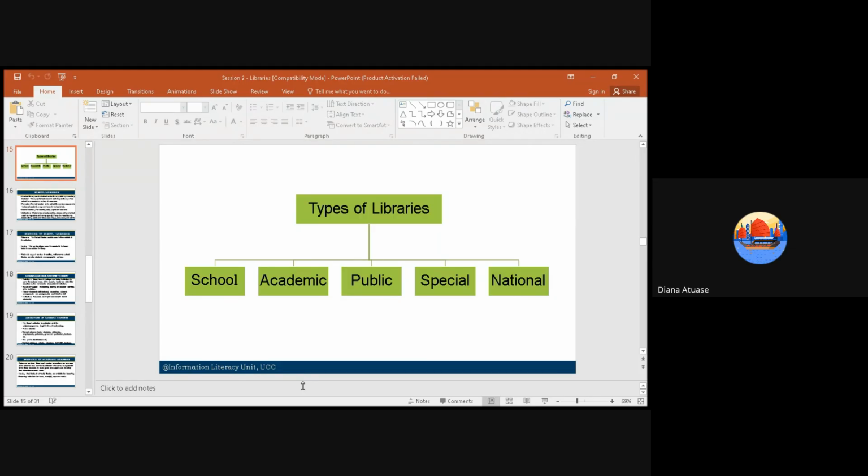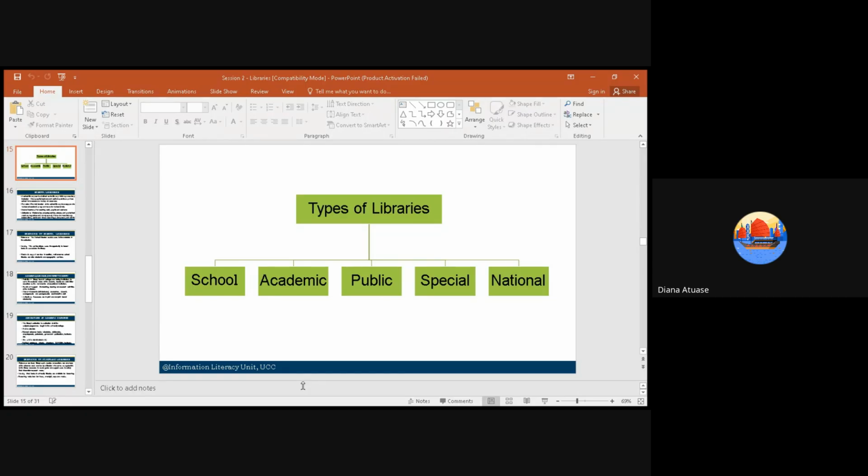Then last week, we also touched on the types of libraries that we have. So we looked at the school library, and the school library, we have the primary school library, we have the senior high school library.